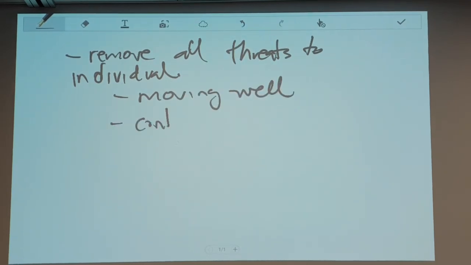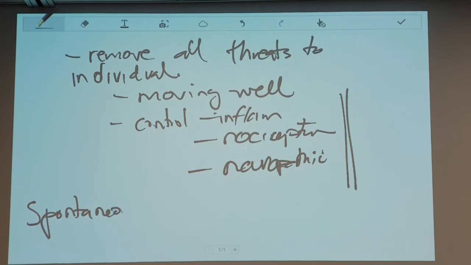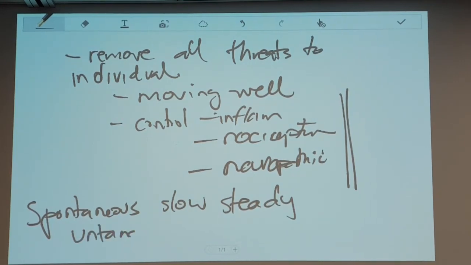Obviously, control inflammation, control nociception, control neuropathic pain as best we can, and there's a host of different mechanisms to do that. Then spontaneous, slow, steady untangling can occur.